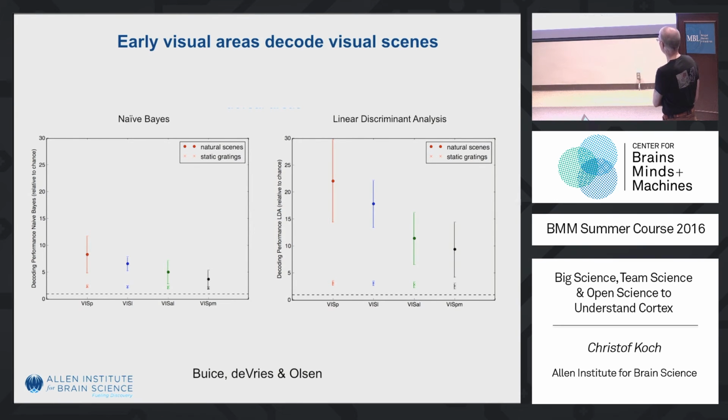So here, for example, if you do decoding, either naive Bayes or linear discriminant analysis, where you take account of the correlation structure. If you do natural scenes, sort of a standard part of the visual stimuli of every psychophysicist, you get very bad decoding performance. But if you go to natural scenes, which after all the animal evolved to see, you get better.